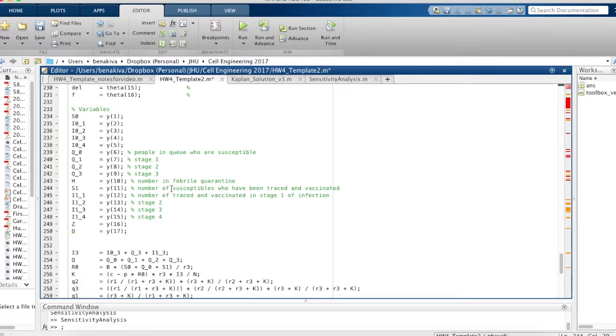And then S1 is the number of susceptibles who have been traced and vaccinated.